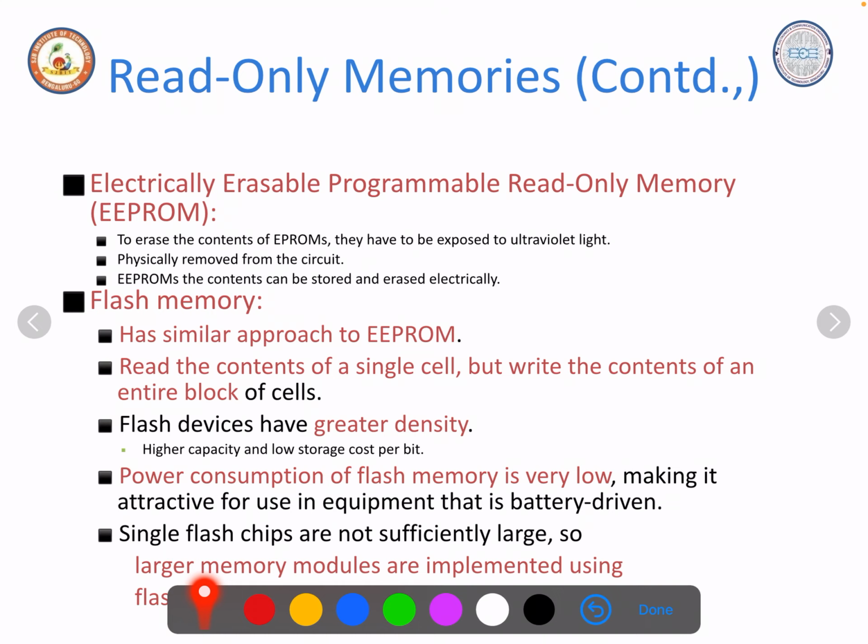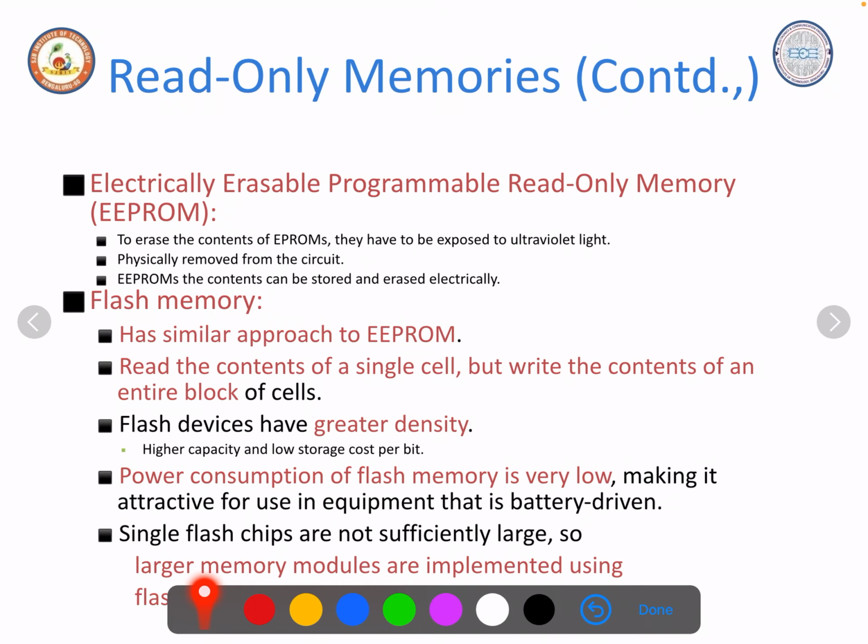To erase the content earlier, you had to expose it to UV light, and it had to be physically removed from the circuit. Whereas in EEPROMs, the contents can be stored and erased easily through electrical signals. Later we have flash memory, which has an approach similar to EEPROM.